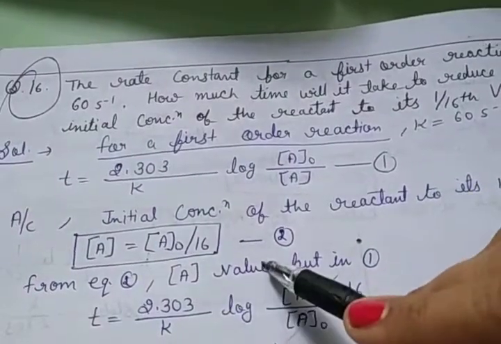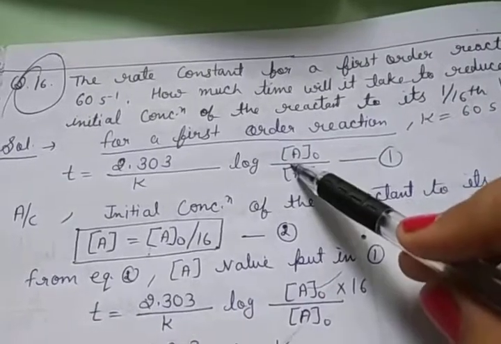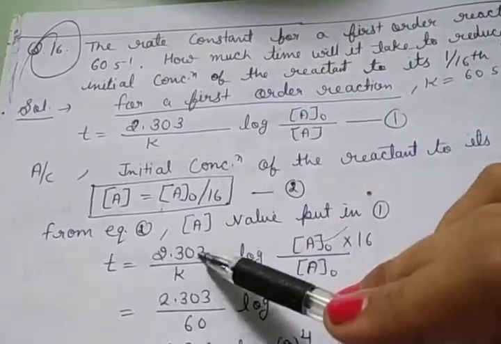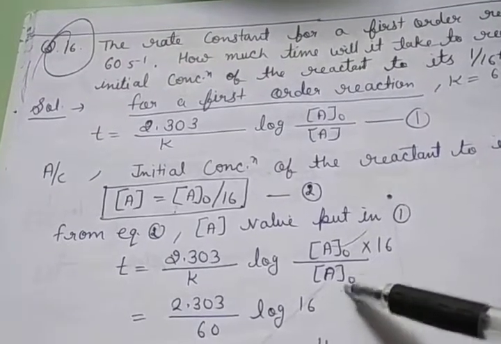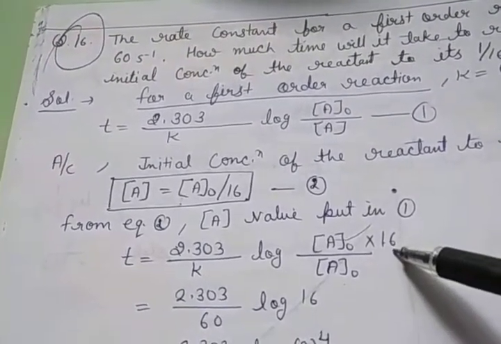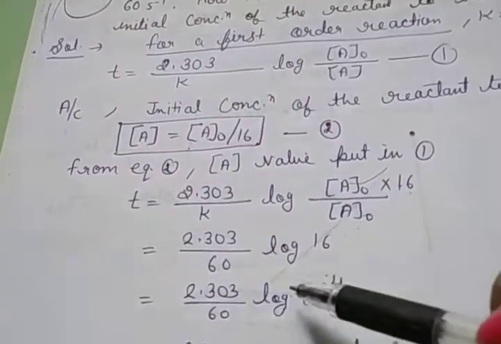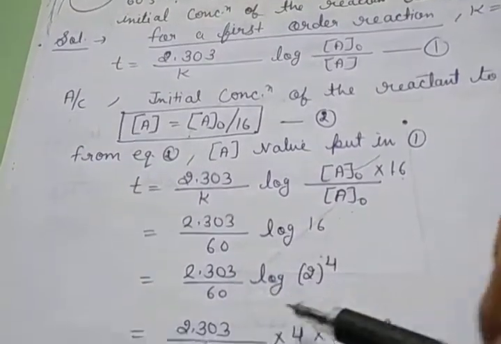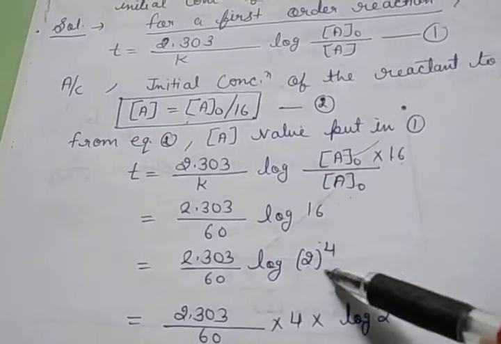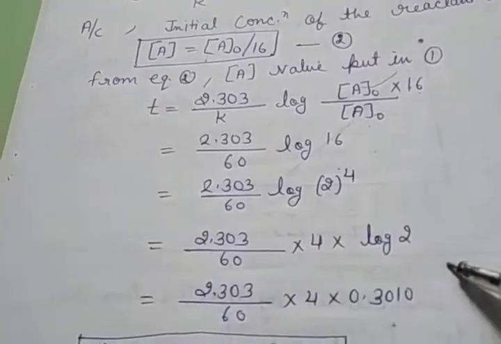So put the A value in equation number one. So t is equal to 2.303 divided by k log A naught, and putting the A value, A naught divided by 16, this A naught cancels. So we have log 16, and the k value given is 60. Log 16 we write as 2 power 4, and 4 comes in front, so 4 log 2.